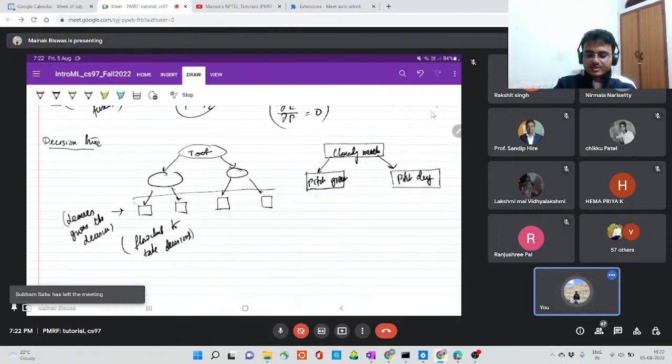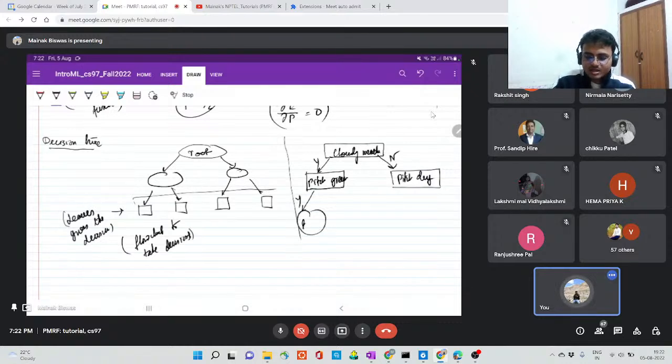If it is cloudy weather, yes, and this is no. So this is a binary random variable. If it is yes, and you see the pitch is green, then you say yes, then you elect to bowl. That will help the bowler, so you elect to bowl.